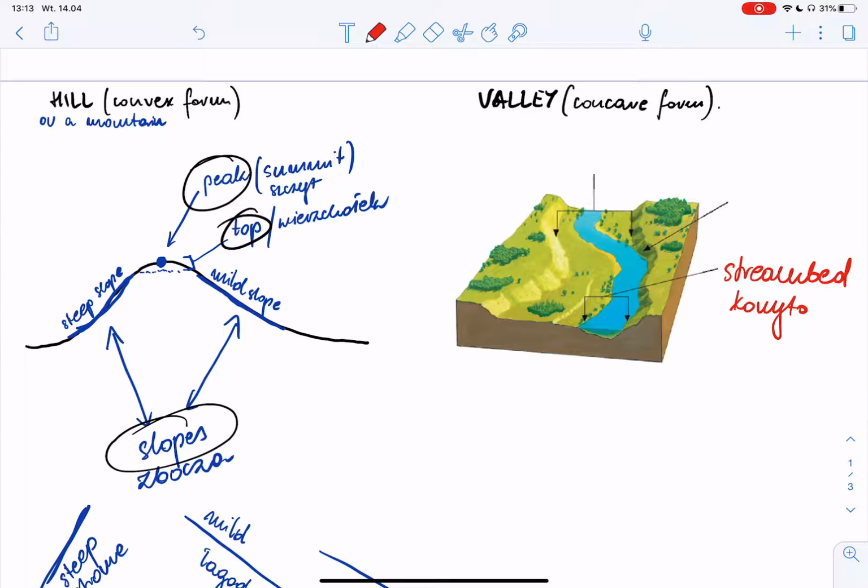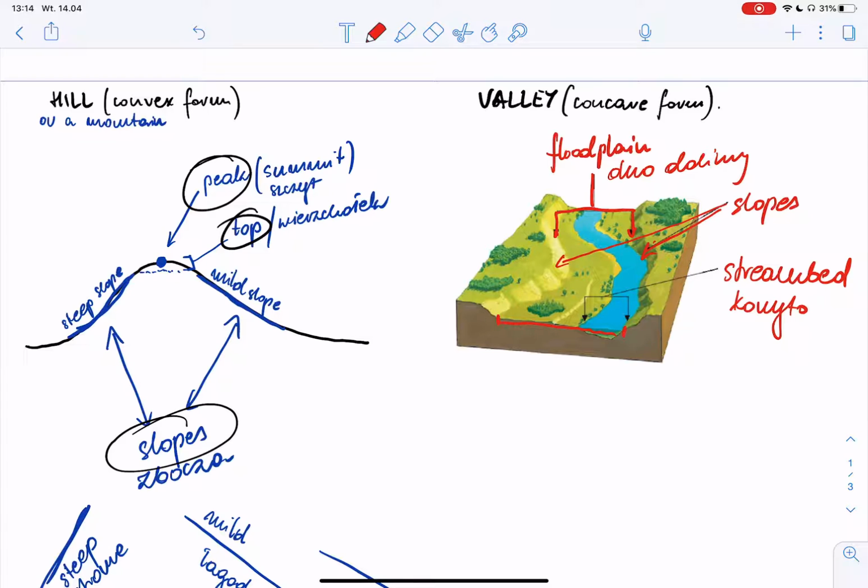On both sides of the valley, because this is a concave form, we also have slopes. And the part that is the lowest one in the valley is called the floodplain, czyli po polsku dno doliny.